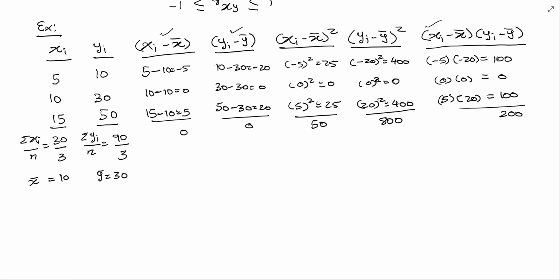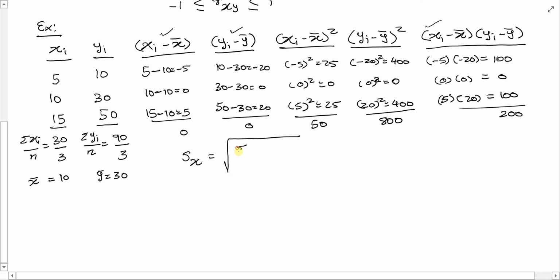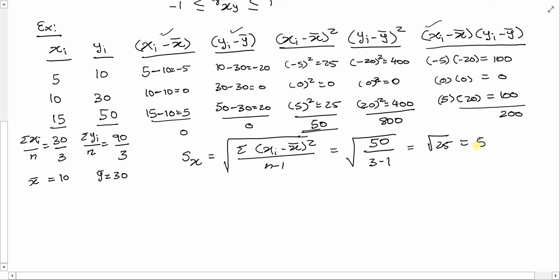So let's figure out how much is the standard deviation of x, which is nothing but the under root of all the squared deviation average of them, right? And so this turns out to be sum of xi minus x bar square. We have already calculated to be 50, and then divided by 3 minus 1 and the under root to figure out the standard deviation, which will give you 25 under root, which is 5.